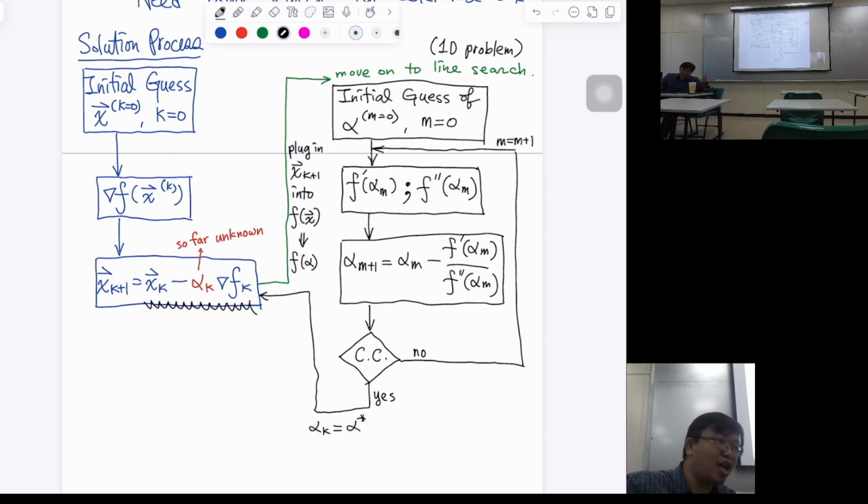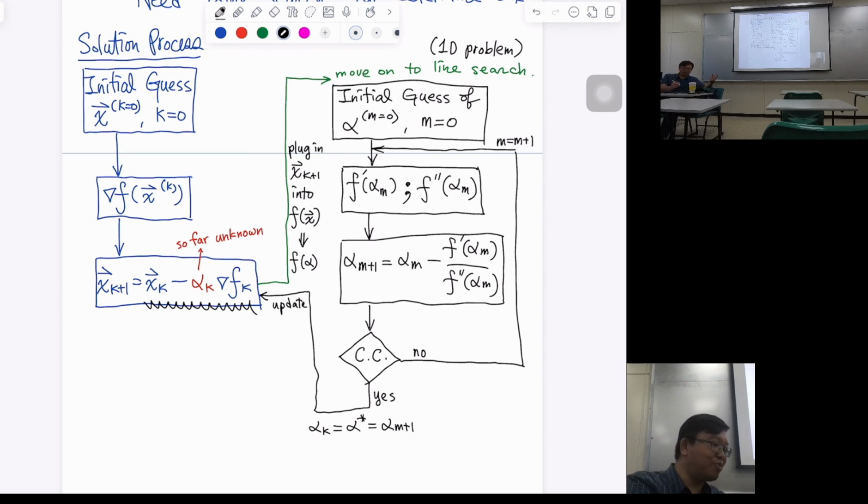And which one is the alpha optimal? Basically the last one, alpha of m plus 1. So update. Here, this is like updating back to the original equation. From this procedure, you get an optimal alpha.